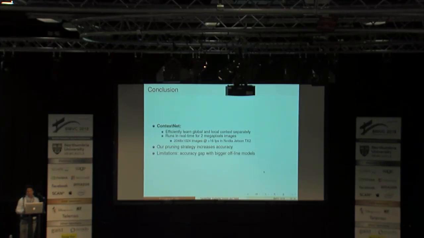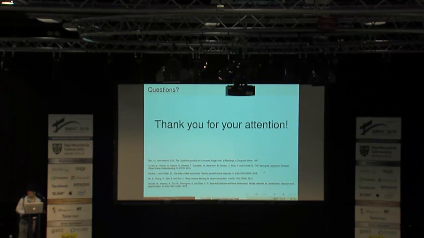And it might be interesting for many people that even on an NVIDIA Jetson, a tiny low-power GPU, we can achieve more than 16 frames per second for 2,000 by 1,000 pixel images. And our pruning strategy increases the accuracy. The limitation is that we still have some gap to catch up with the state-of-the-art semantic segmentation models. Thank you for your attention.